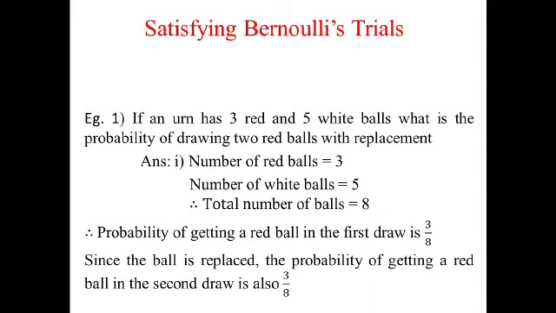And N(S) is from a total of 8 you're selecting 1, that is 8. So the probability is 3 by 8. Now the ball is being replaced. Therefore, drawing a red ball in the second draw is also going to be 3 by 8. So the probability remains the same.